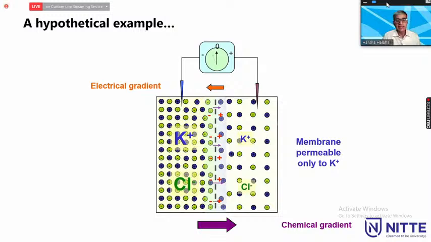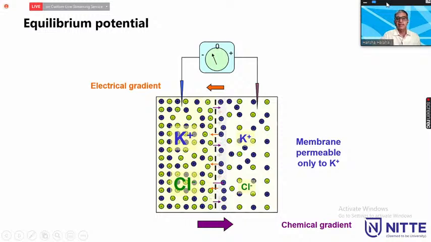So the bottom line here is that a chemical gradient, a difference in ion concentration, has resulted in an electrical gradient. This movement of potassium ions in this case, from left to right, will continue until the electrical gradient becomes strong enough to oppose the chemical gradient.